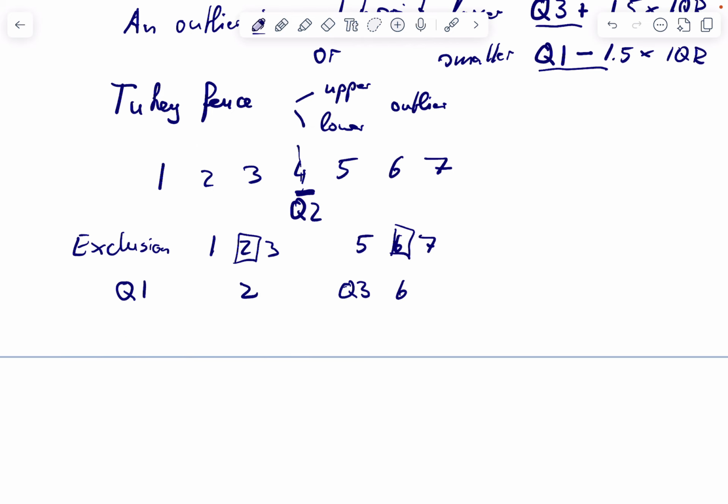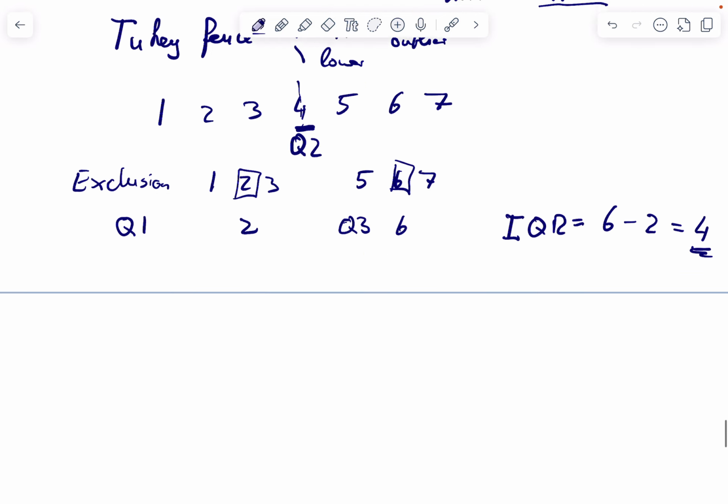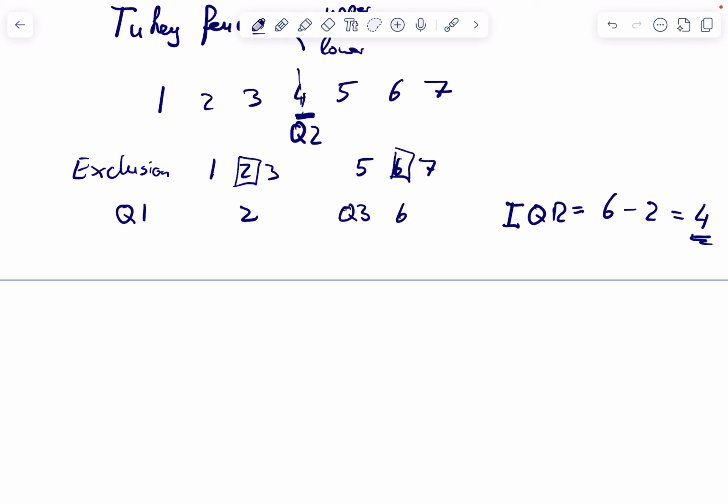And we can calculate the IQR for that, which is 6 minus 2. And that gives us, of course, 4. So that's the interquartile range. And we can now say, okay, in order to calculate the upper fence of the Tukey fence, we use Q3 plus 1.5 times IQR.